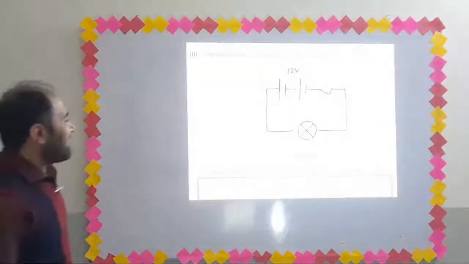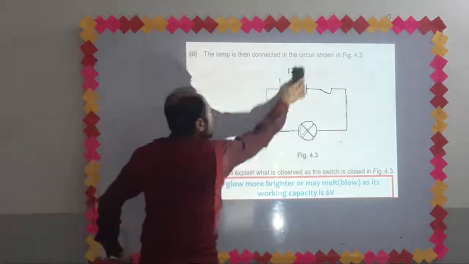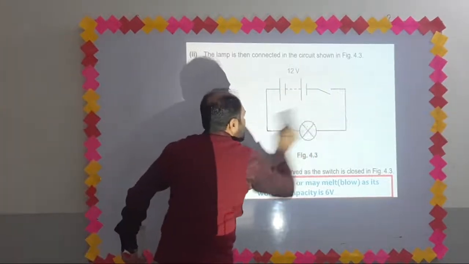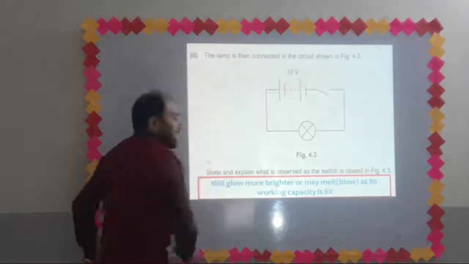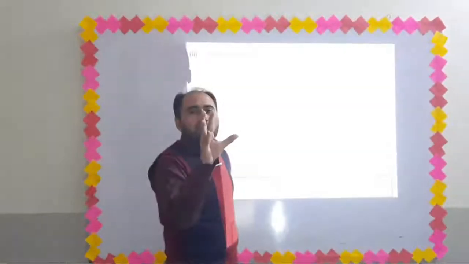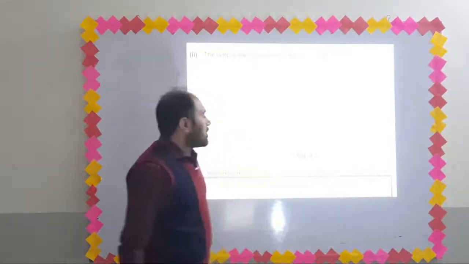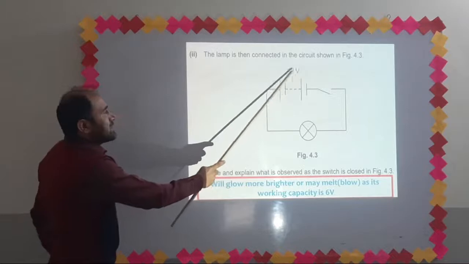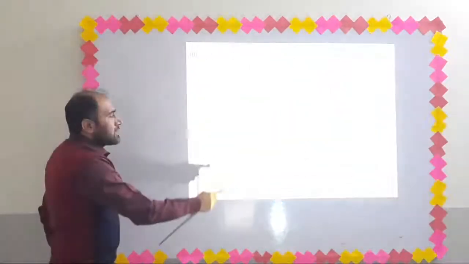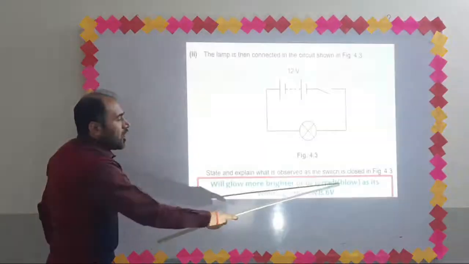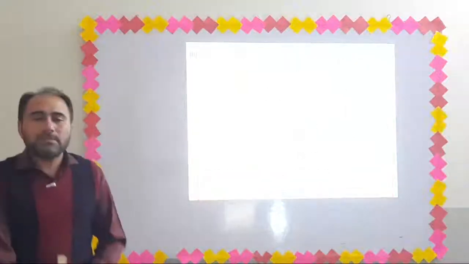Hope all of you have got the idea regarding open and close switch and glowing and blowing. Glow means to be on, and blow means to melt. So if you have increased this voltage, then the bulb may melt or blow up.